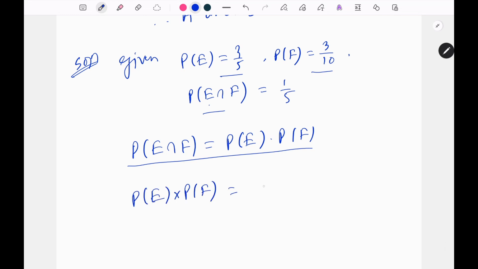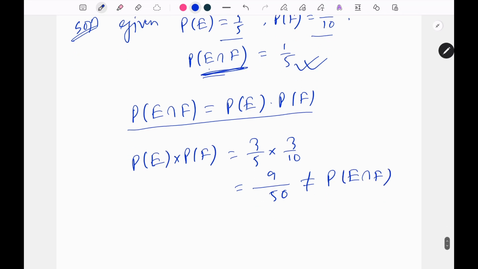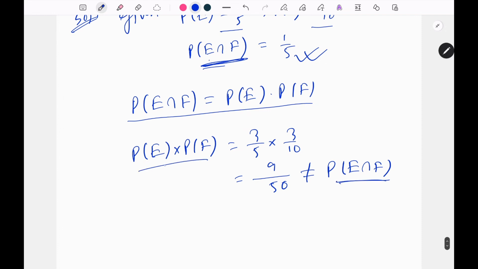Probability of E into probability of F is 3 by 5 into 3 by 10, which is equal to 9 by 50, and 9 by 50 is not equal to probability of E intersection F, which is 1 by 5. So probability of E intersection F is not equal to probability of E into probability of F. So therefore E and F are not independent.